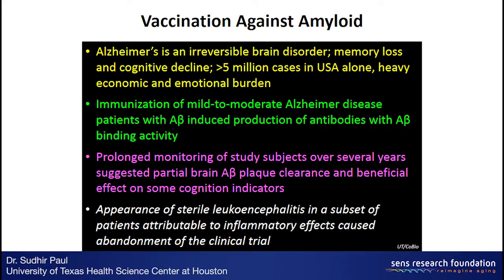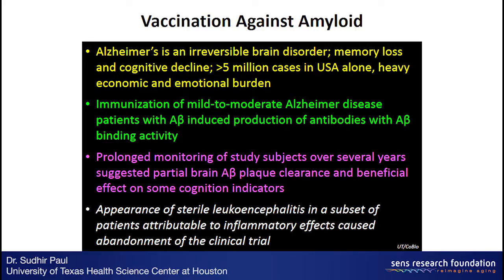And this was preceded by transgenic mouse studies. The mice that were overexpressing human amyloid beta peptide developed amyloid plaques in their brains. When they were vaccinated with the amyloid beta peptide, the mice started making antibodies to the A beta and cleared the A beta. Humans in the phase 2 trial also responded similarly.